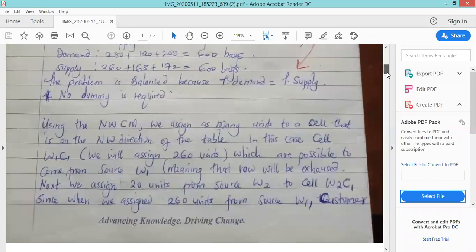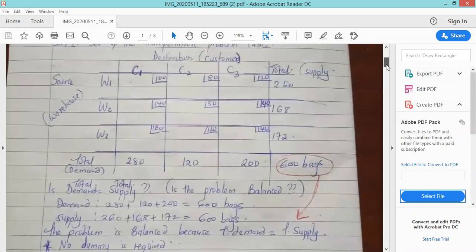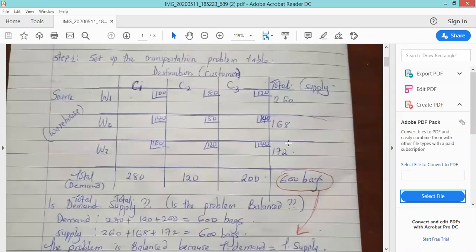Then we are going to assign as many units as possible to the cell in the northwest direction, as we try to satisfy that particular destination and also check whether we have exhausted the supply.